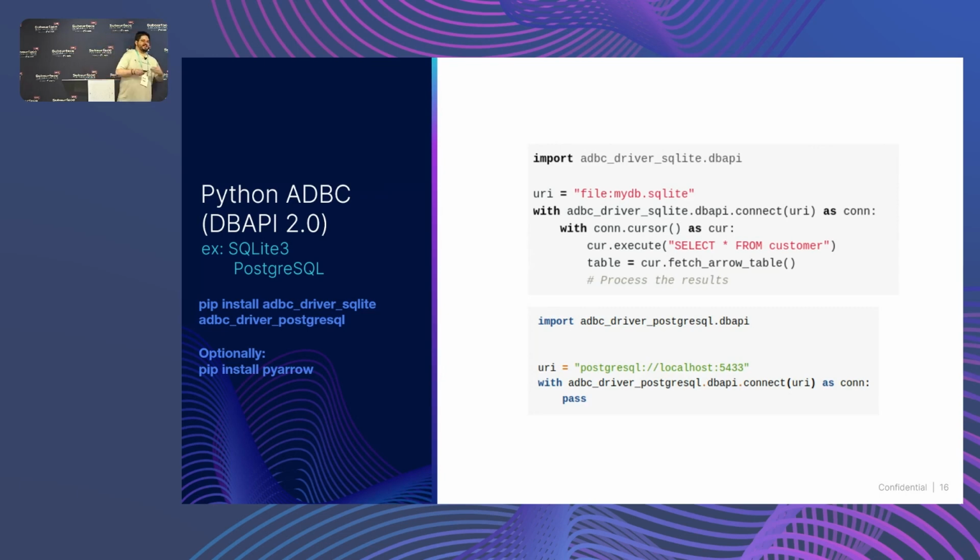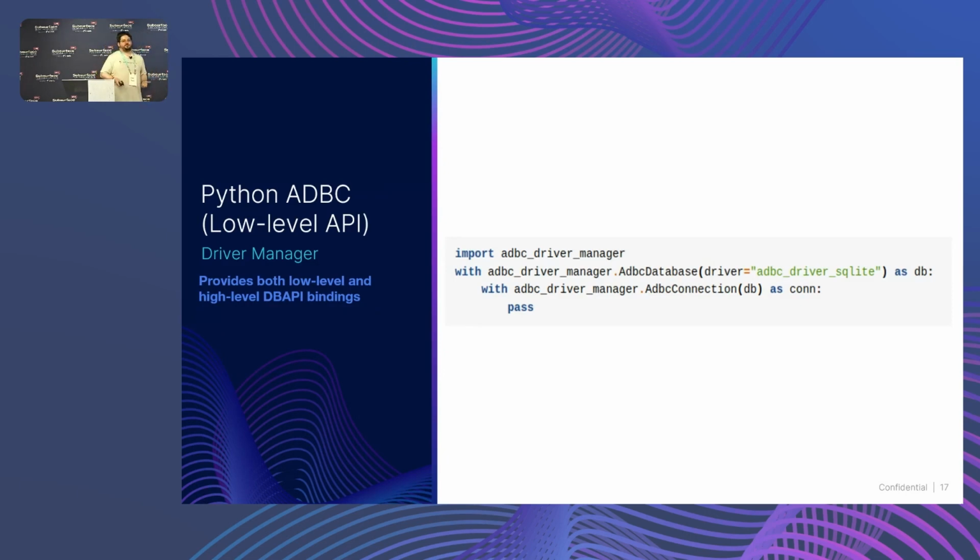If you want the data to stay in Arrow format, you can install PyArrow and use fetch Arrow table. And now your data never gets converted into a row-oriented format, and you get the columns of data the whole way through. You can see on the two examples, they're very, very similar. The difference is just which driver you imported and your connection URI.